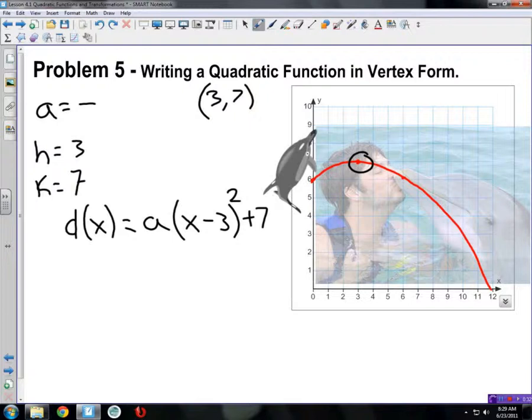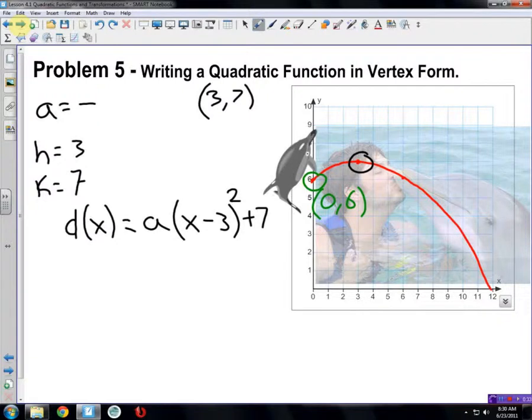But now we need to find out what a is going to be. The easiest way to find out what a is exactly is by plugging in an ordered pair. Now, if I look here, I have an ordered pair there of 0, 6. 0 is my x value. 6 is my y value. I could plug those in here, right?